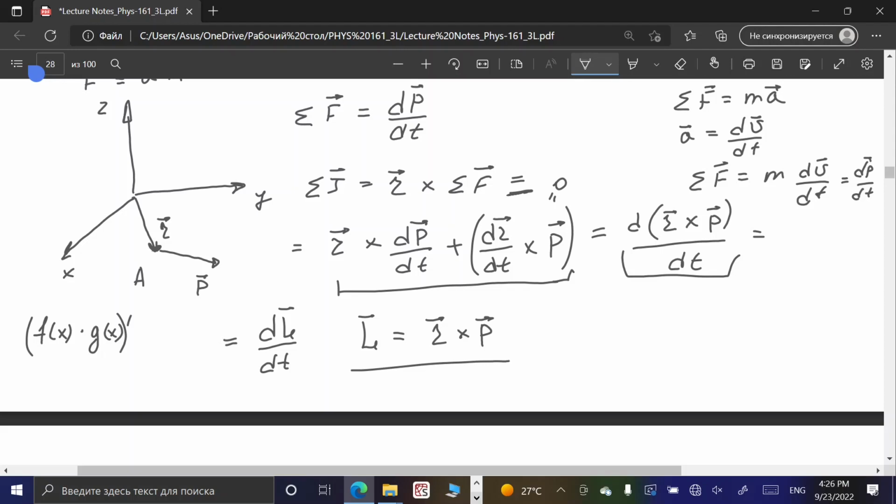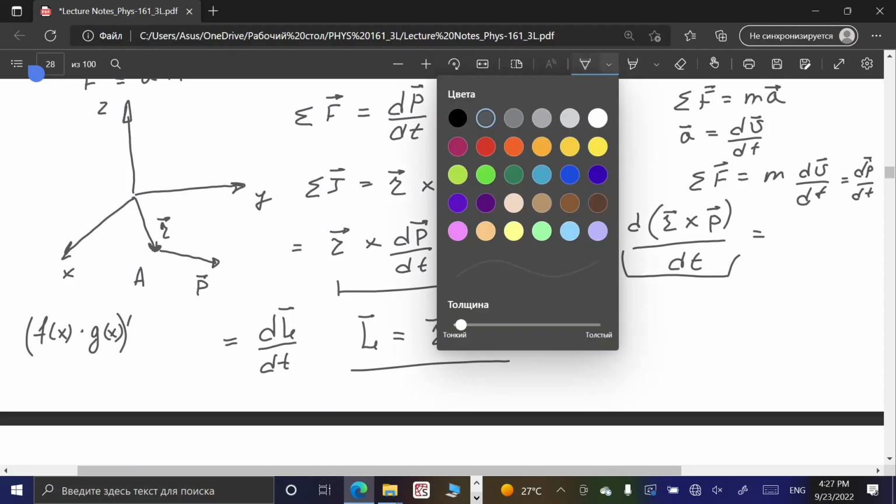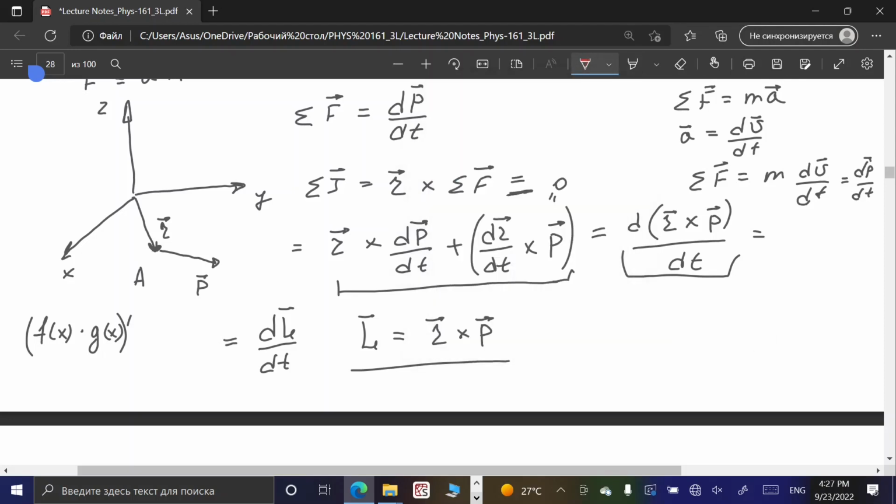Obviously, according to the rule for the cross product, it will be perpendicular to the plane defined by these two vectors, the position vector and the linear momentum vector. So it will go along axis z.